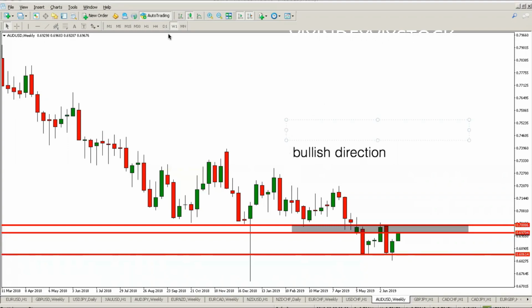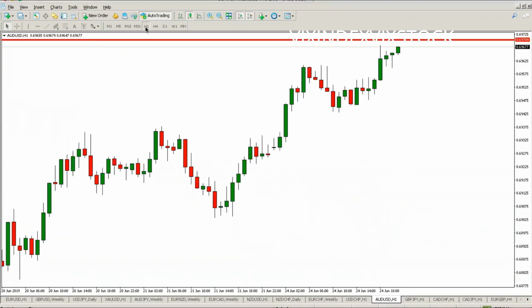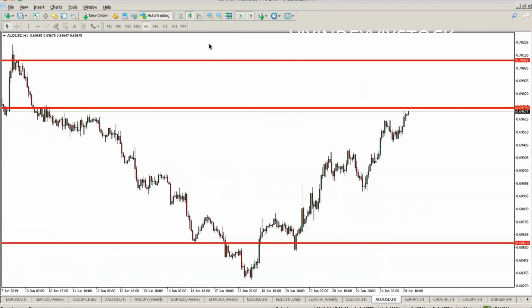Right. Then now you go to 1 hour to daily to confirm. So you see the market now it's moving. No retracement. So we're taking it all the way to that point. Then now 1 hour. So this is what you're waiting for. Remember?